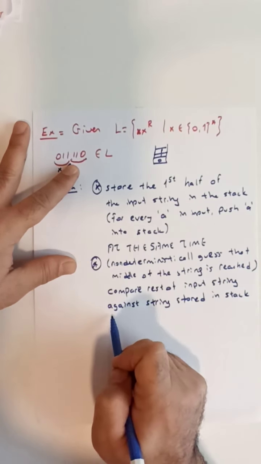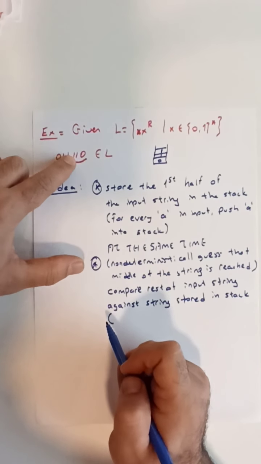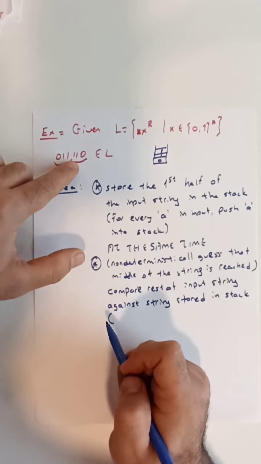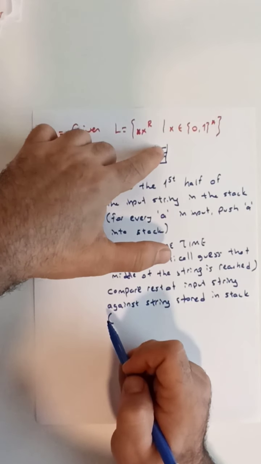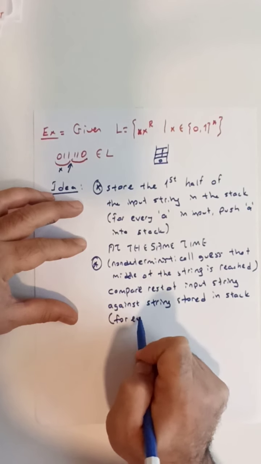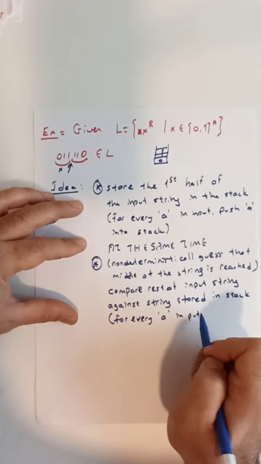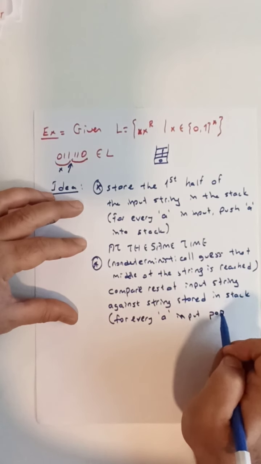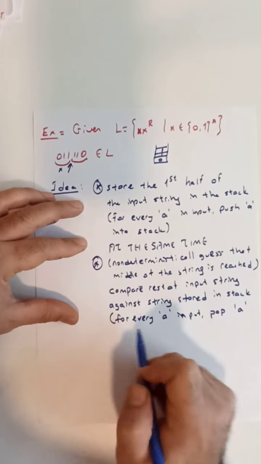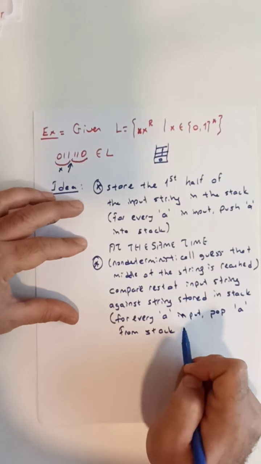More specifically, how can we do this? For every symbol A that we read from the input, we try to pop the same symbol from the stack. For every A in input, pop A from stack.